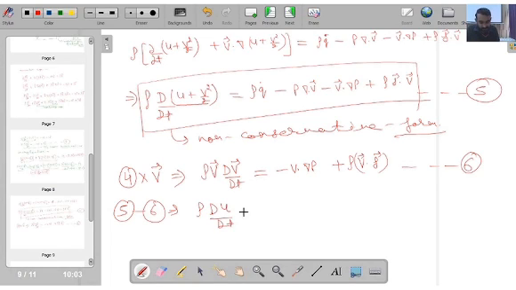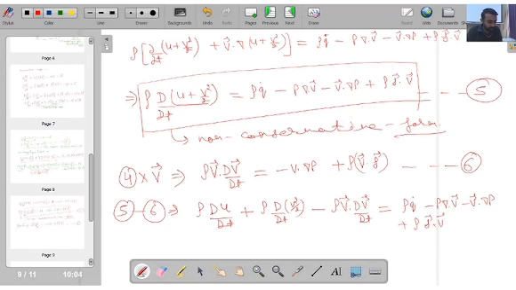I will get rho into du by dt plus rho into d by dt of v square by 2, minus rho v vector dot dv vector by dt, and on the right hand side rho q dot minus p into divergence of v minus v vector dot gradient of p plus rho f vector dot v vector, and then this becomes plus v dot gradient of p and minus rho f vector dot v vector.